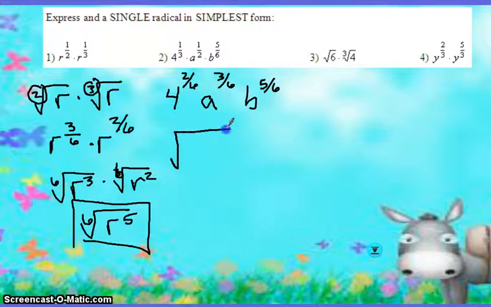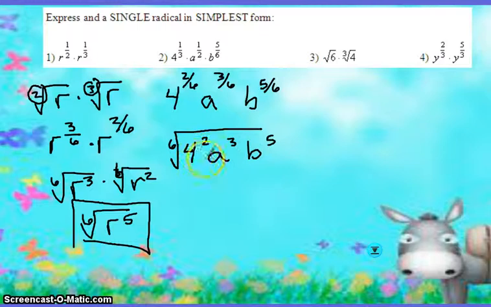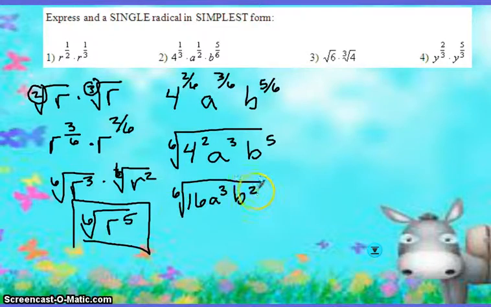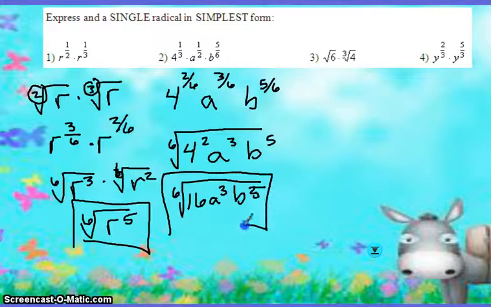We then can write this as one big 6th root, 4 squared, a to the 3rd, b to the 5th. Now we do want to make sure we cannot simplify anything here. I might write this as 16, but other than that, the 6th root cannot be reduced, and we are done.